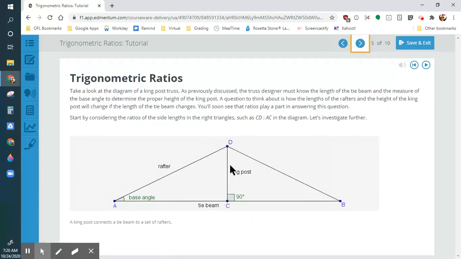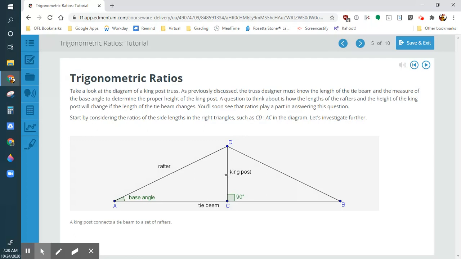So let's say we want to figure out how tall this is, but we know the rafter and the tie bar. These are just things in construction. I honestly don't know what they were until I saw this slide. So we're going to use the ratio of CD and AC. CD is our king post, and we do know how big the king post is.